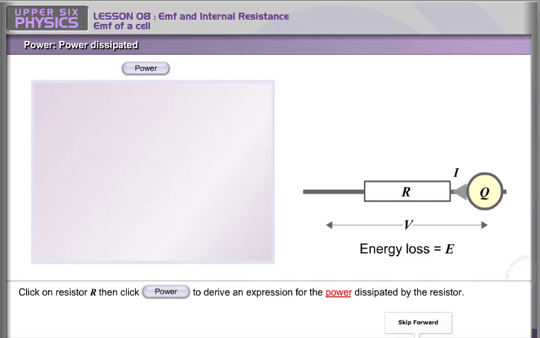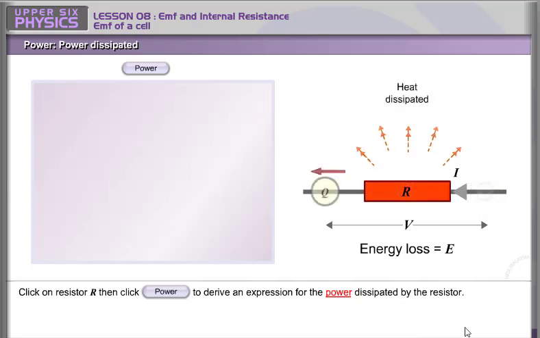Now, when a current flows through a resistor, heat is dissipated.